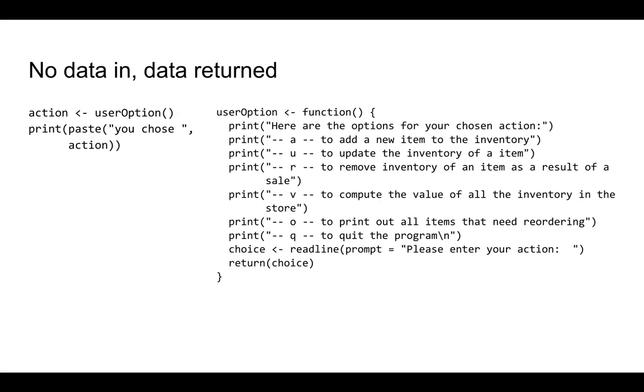The way to think of this is that the call to user option will then be replaced by the value that is returned from the function. And then that value will be assigned to action on the left of the assignment. And I can verify that it worked by printing out the value of action after the function execution is complete.